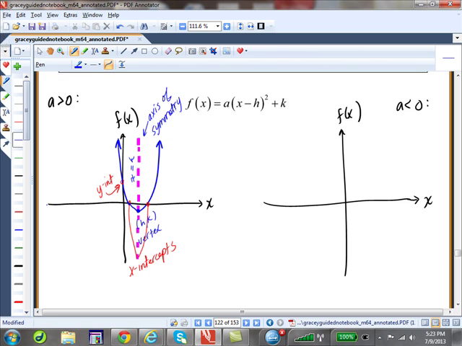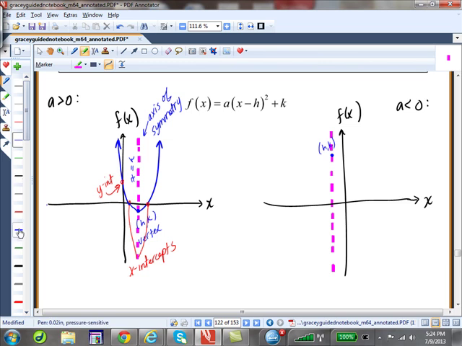Okay, so let's take a look at what it would look like if it opens downwards. Let's just say this time we've got our vertex here. Again, h comma k, that's our vertex, which would make our axis of symmetry look something like this.